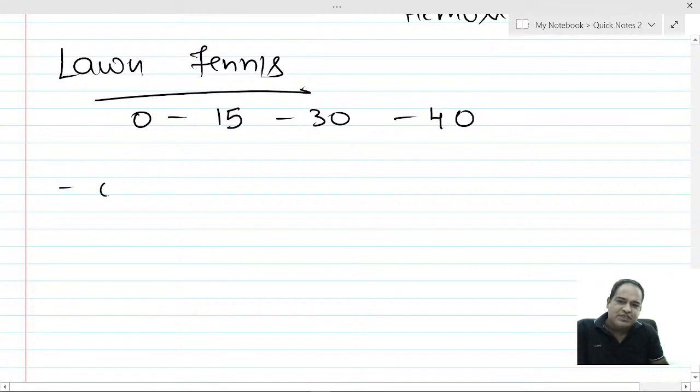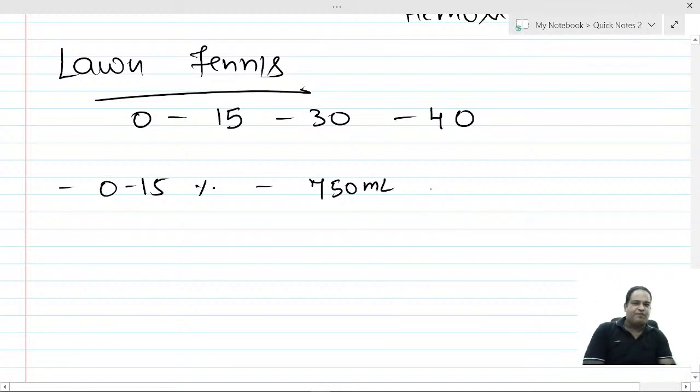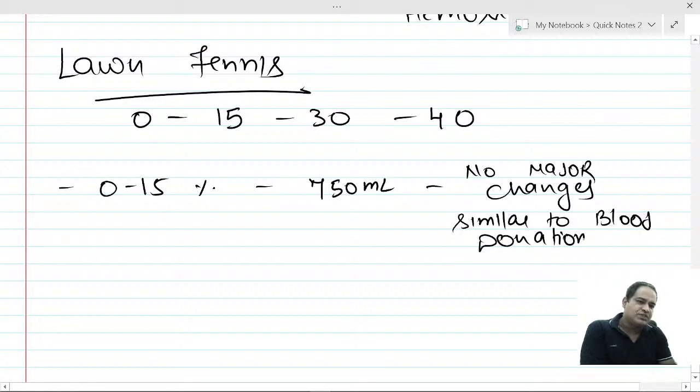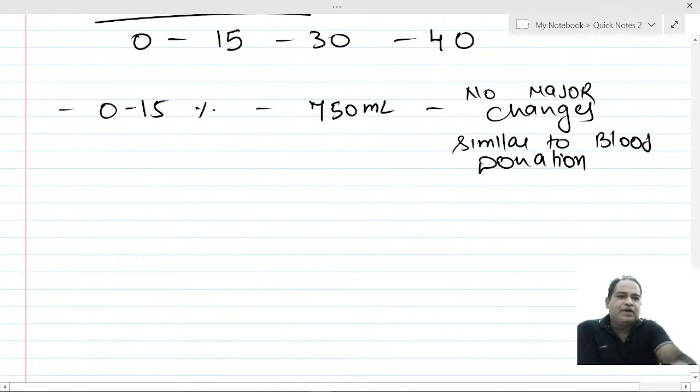The same is the scoring system in shock. When 0 to 15%, that is around 750 ml of blood is lost, there are no major changes. The effects are similar to blood donation.